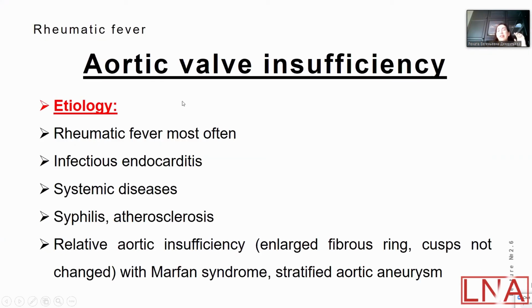Etiology: rheumatic fever most often, infective endocarditis, systemic disease, some syphilitic and atherosclerotic damage of the aortic valve. Relative aortic insufficiency: an enlarged fibrous ring with unchanged cusps, as in Marfan syndrome, and stratified aortic aneurysm.